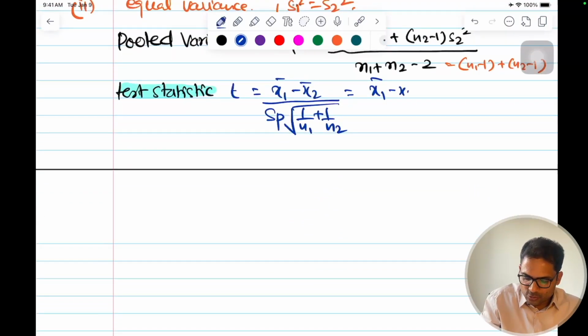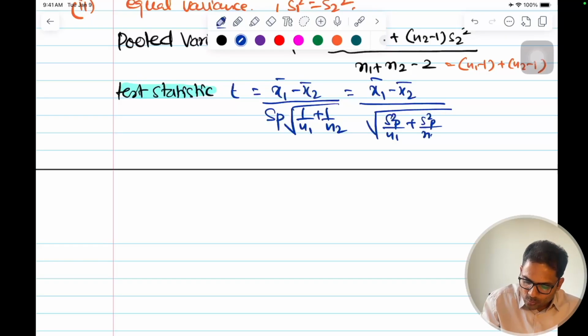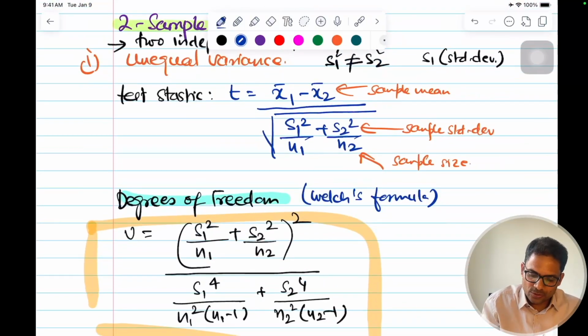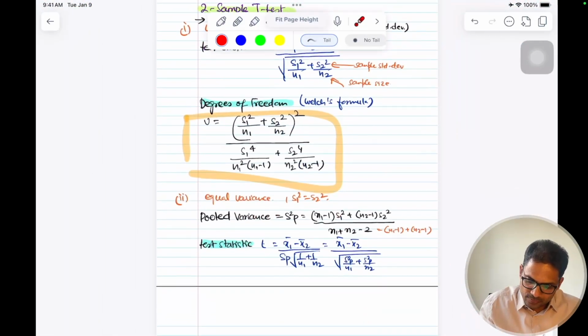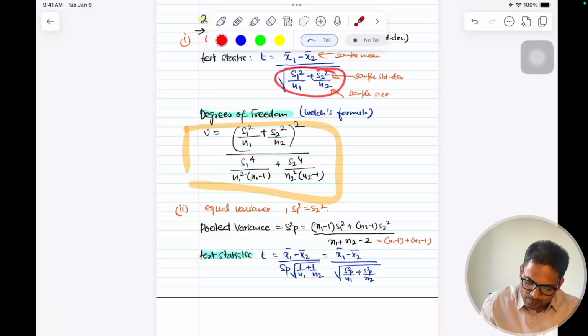In the same format, it can be written here also: x1 bar minus x2 bar divided by the square root of, if you put this s p inside, s square p by n1 plus s square p by n2. Now you see both have taken the same form. Here this was independent, and here we have the pooled variance including the degrees of freedom.